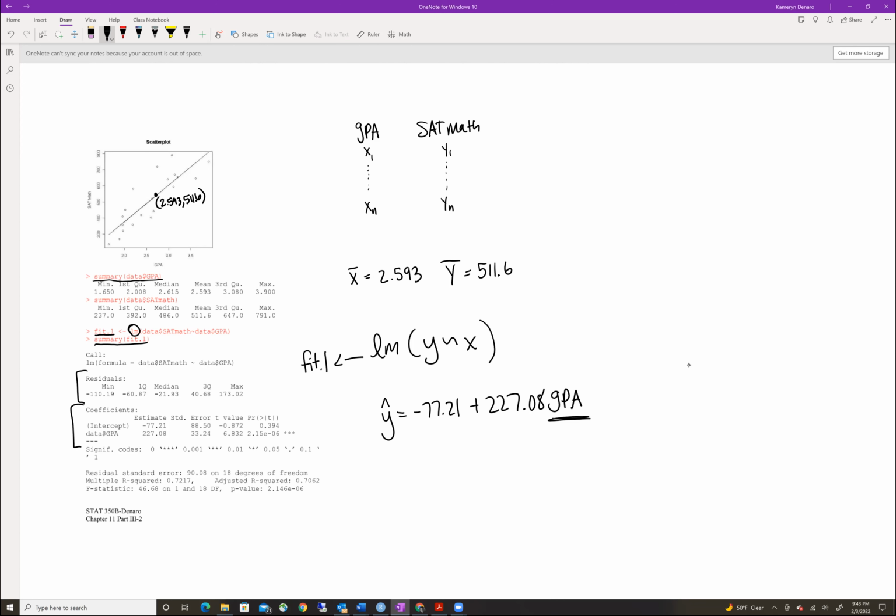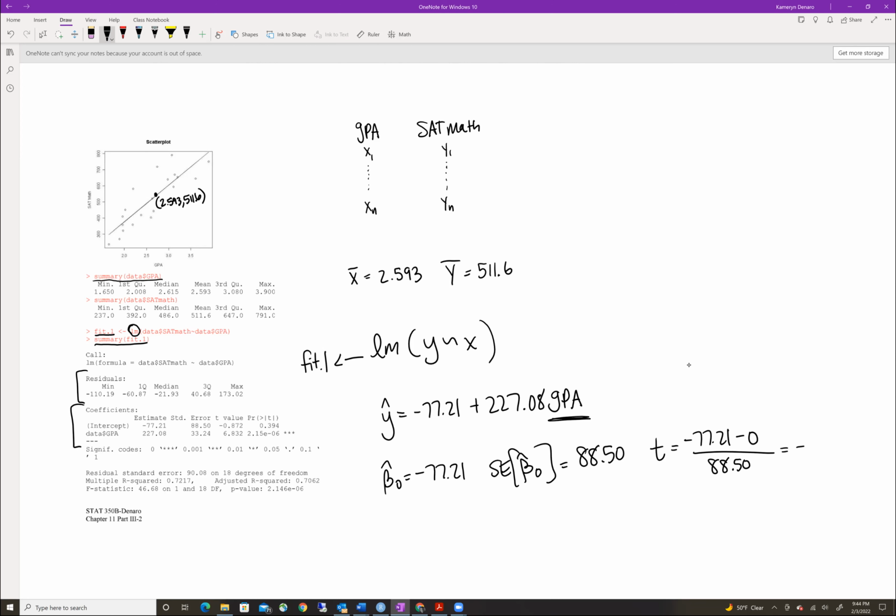All right. Here, it also gives us the standard error of our coefficients. So we have beta hat 0 equals -77.21. The standard error of beta hat 0 is equal to 88.50. The test statistic T, you can double check, that's -77.21 minus 0 divided by 88.50.